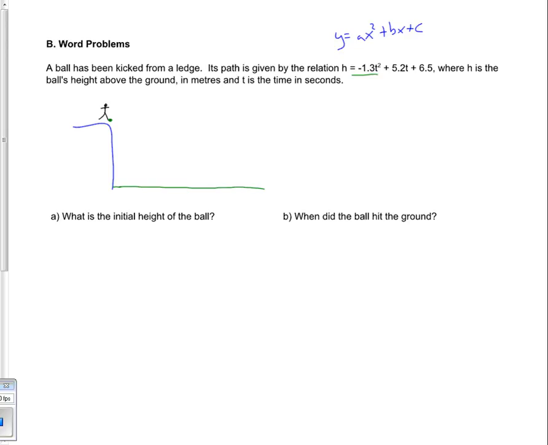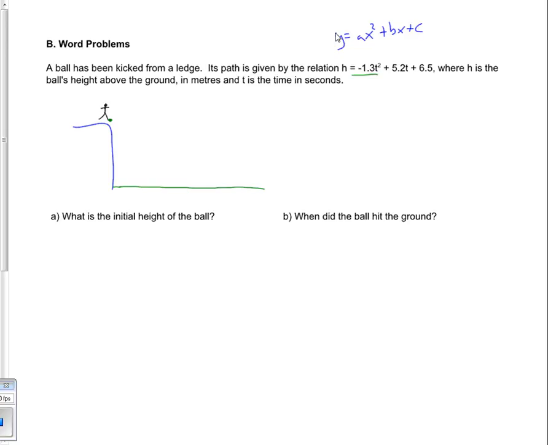Part A says, what is the initial height of the ball? What's the starting position of the ball? Because if we were to draw this as a coordinate system, the initial position would be where the ball is relative to all of the other pieces.